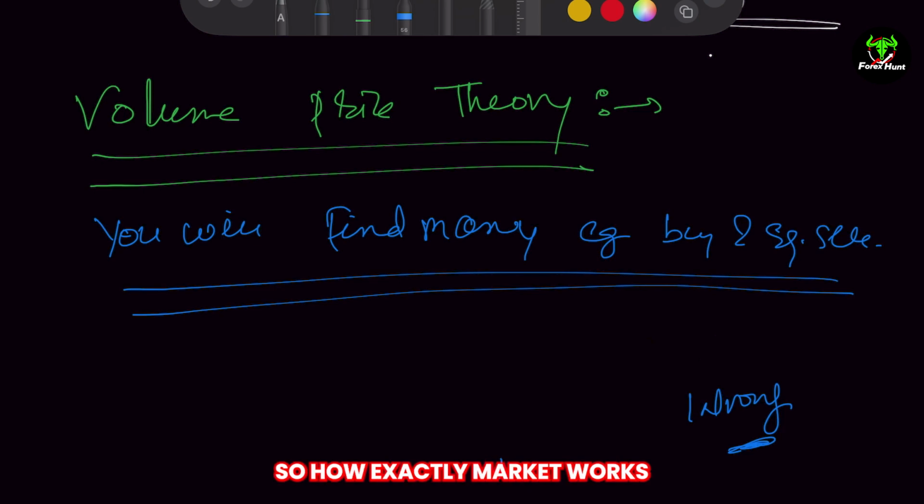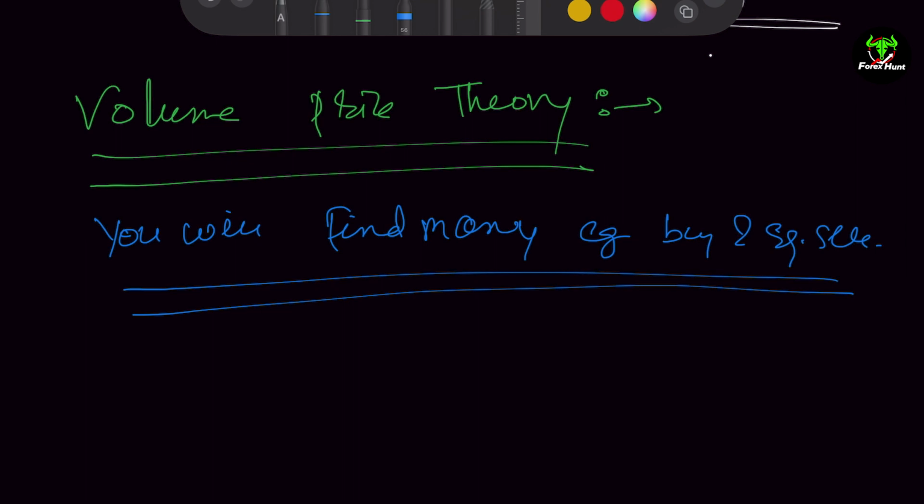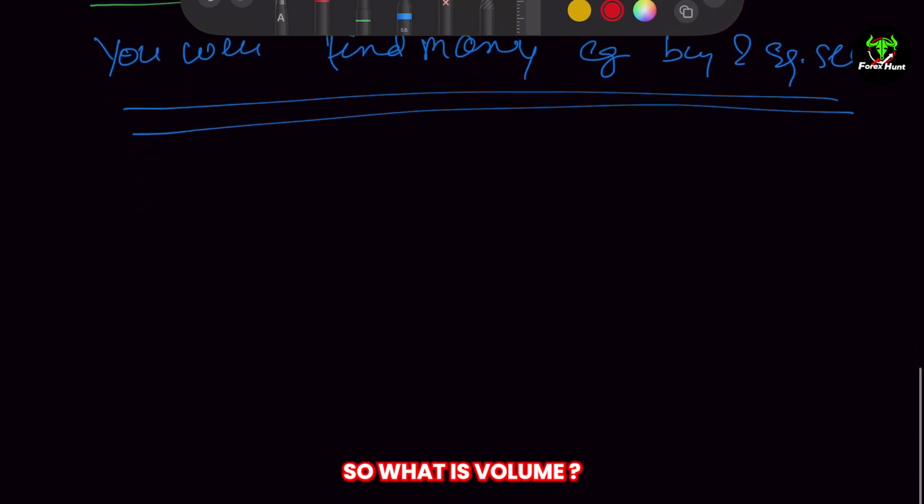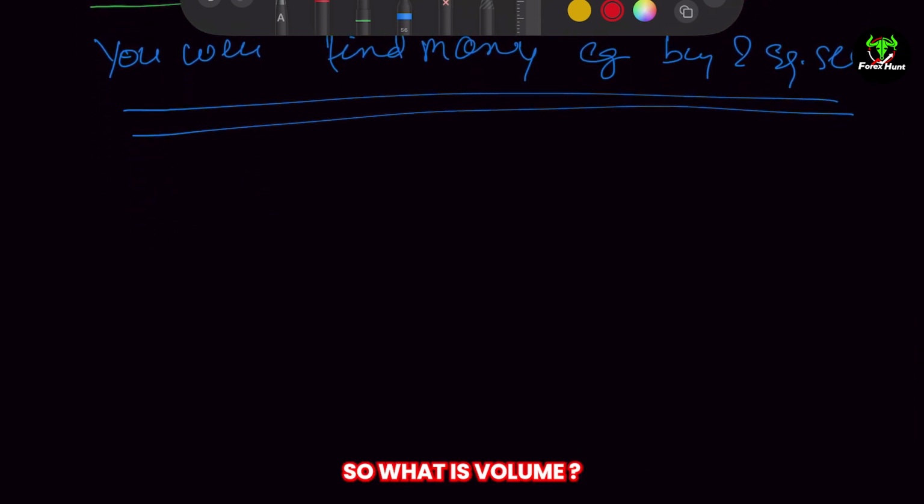So how exactly does the market work, and when exactly? You have to write one thing here: time also matters. So what is volume?